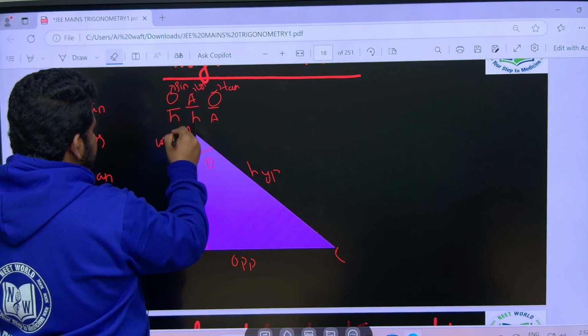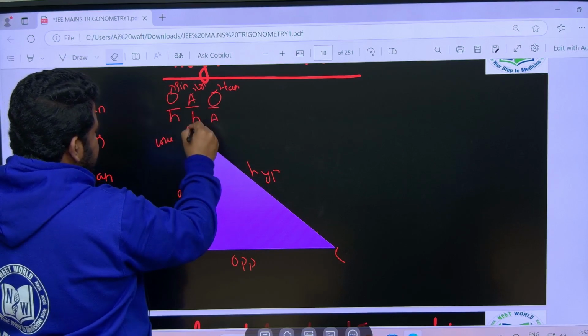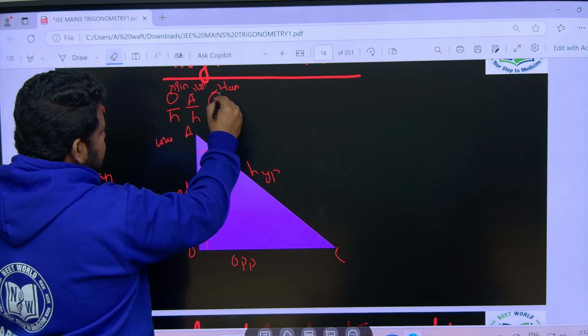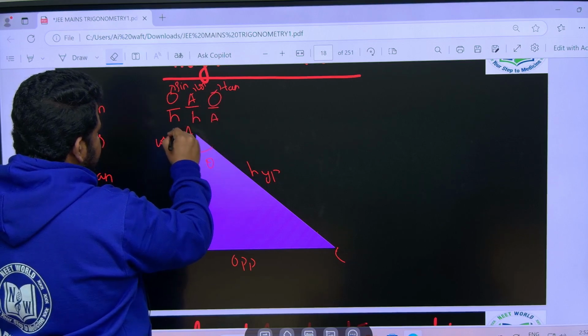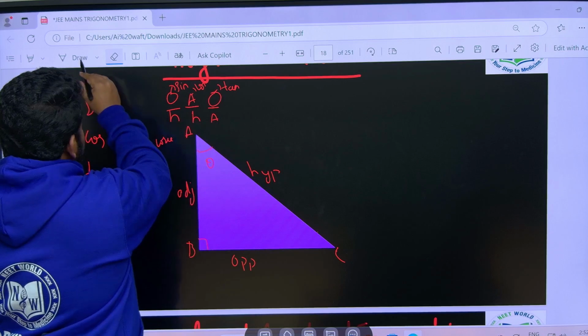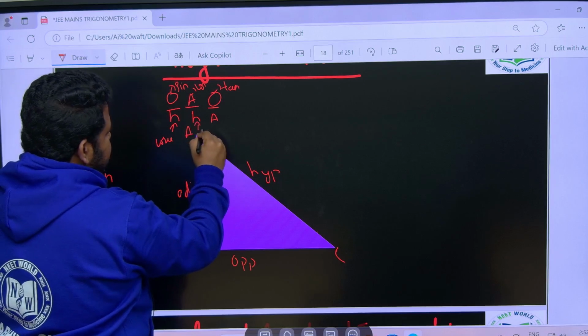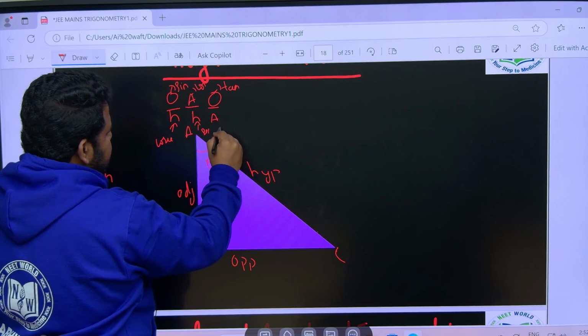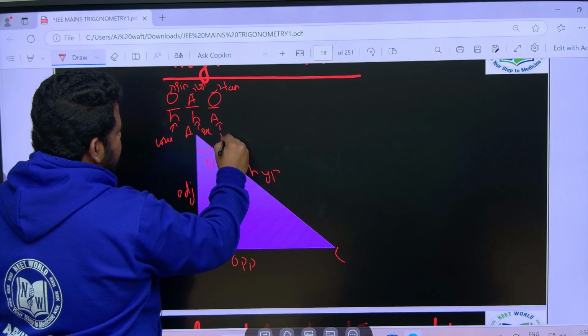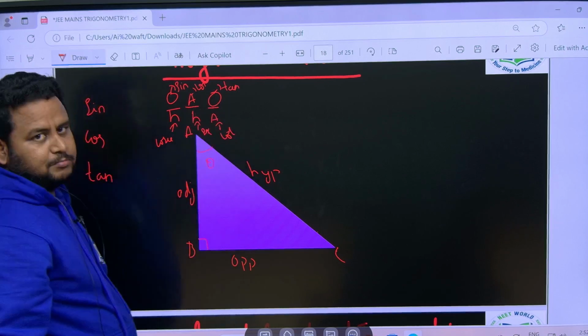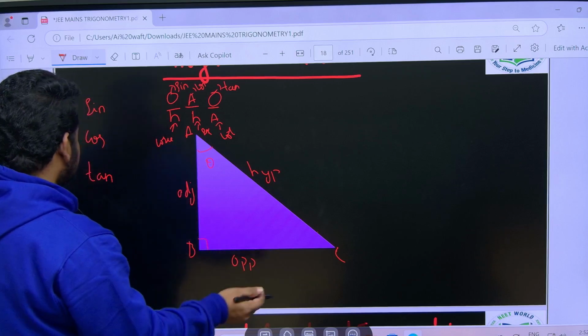Sine is opposite by hypotenuse, cos is adjacent by hypotenuse, tan is opposite by adjacent. Cosec will be hypotenuse by opposite, secant will be hypotenuse by adjacent, and cot will be adjacent by opposite. Just for you to remember, but already you know these things.